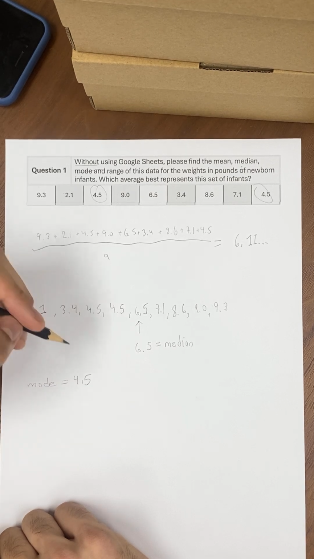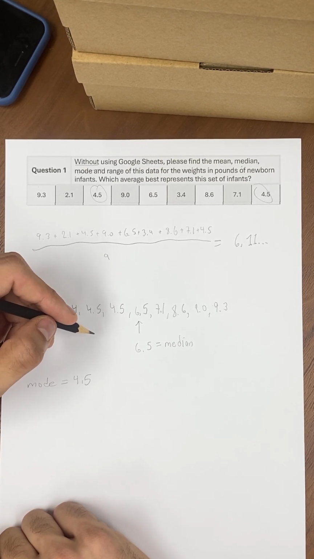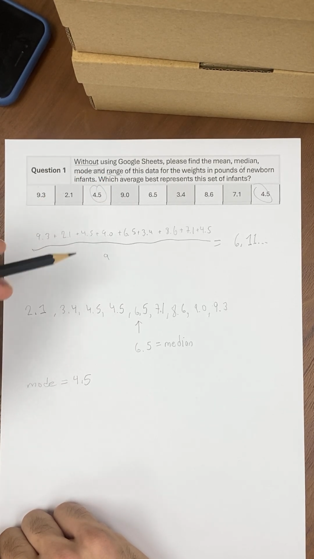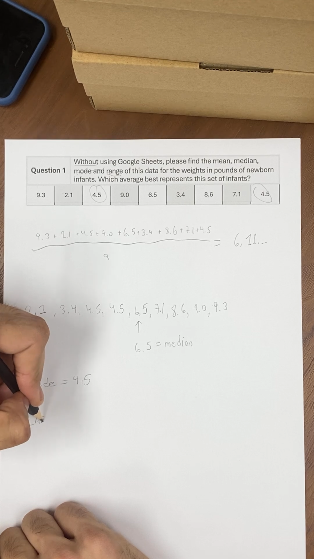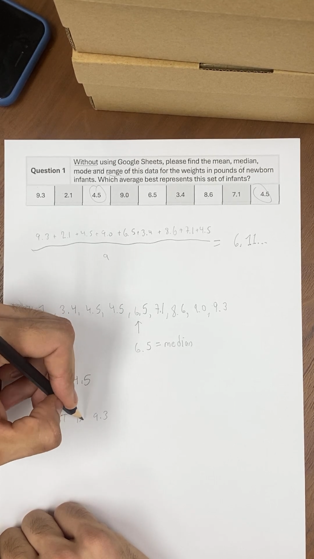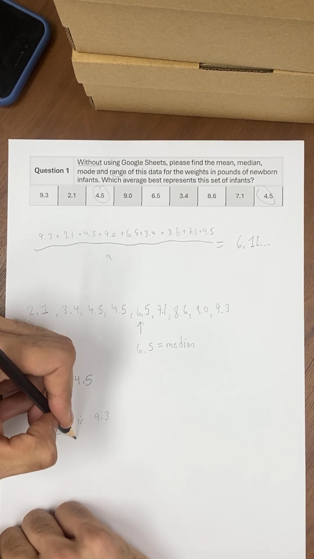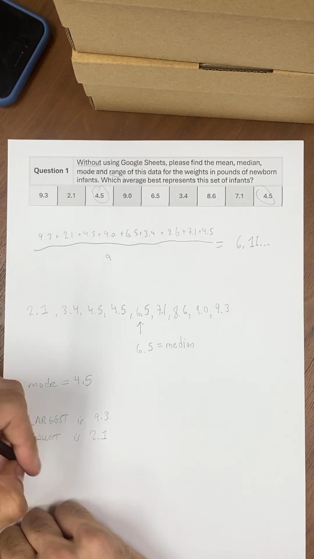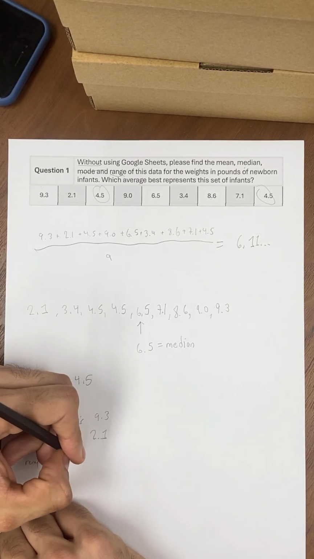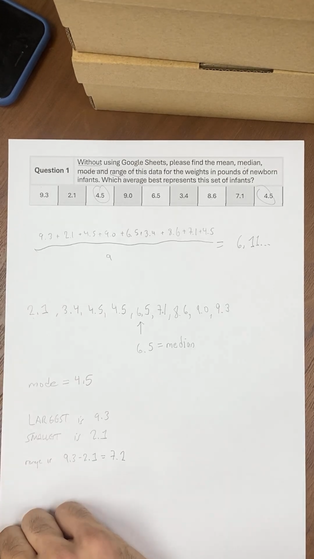It's possible there's more than one mode if more than one number appears the same number of times. The range is the largest number minus the smallest. Largest is 9.3. Smallest is 2.1. The range is 9.3 minus 2.1, which equals 7.2.